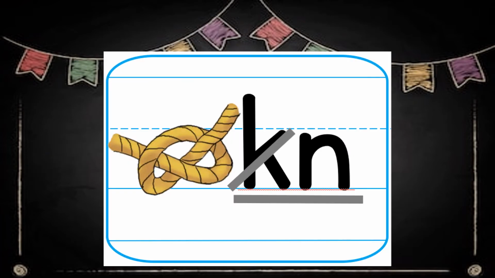So when we see these letters, we're going to say ghost letter, digraph, K, N. And to remember the sound it makes, we have knot, n.